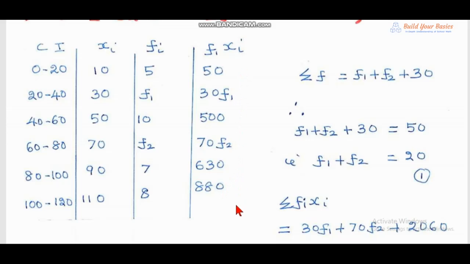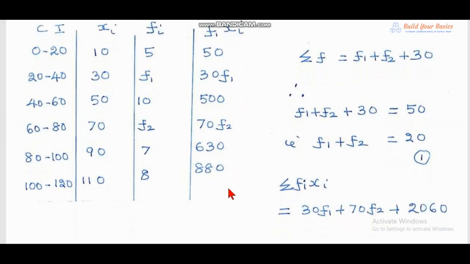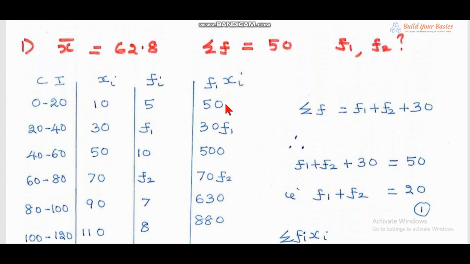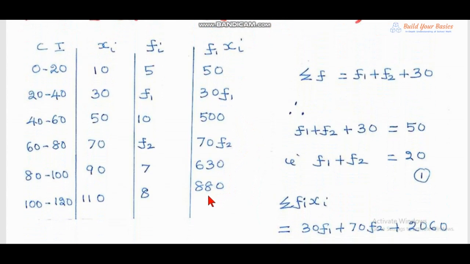Now the total sigma fi xi is 30 f1 plus 70 f2 plus 2060. That is 50 plus 500 plus 630 plus 880 is 2060.